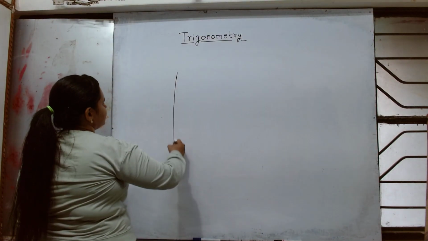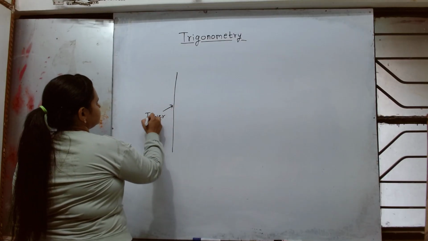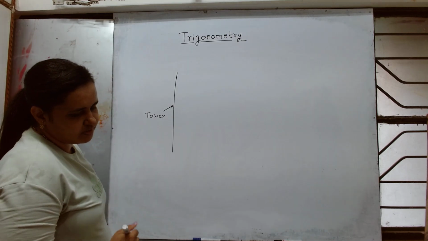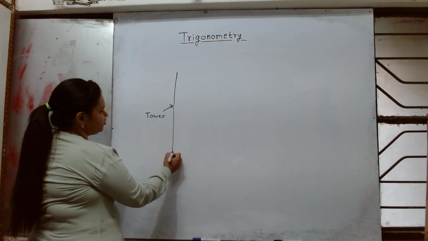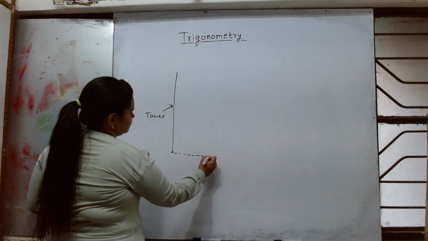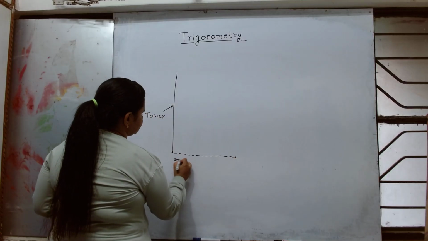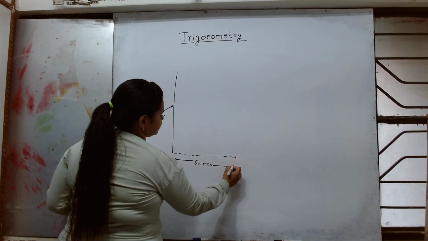We can draw a tower. It is a tower. Angle of elevation of the top of the tower from a point 60 meters from its foot. It is a foot of the tower. The object is kept at 60 meters from the tower. So it will be 60 meters.